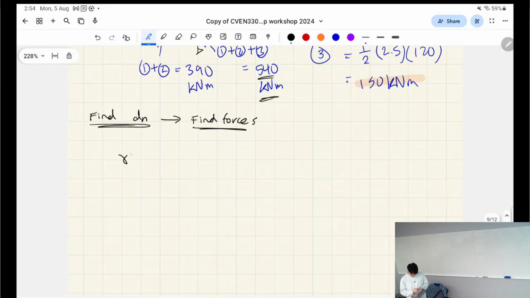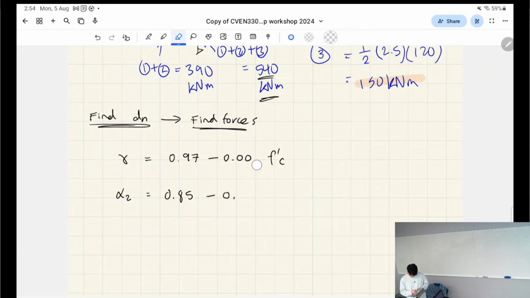Okay, so to find the compressive concrete force, right, we have to find gamma and alpha 2. Gamma is this one. Alpha 2 is this one. No, my bad. This is 2.5.